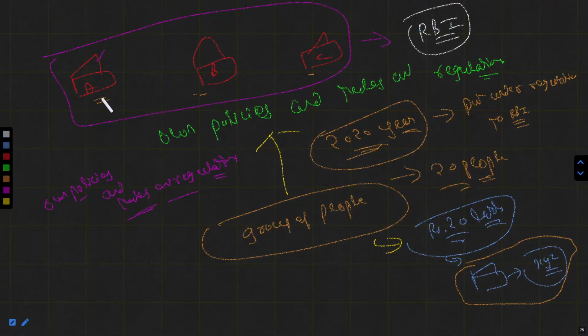Okay, because these banks A, B, C, they have a large customer base, a large funding, and investor partners. Okay, in case of public banks, the government is funding them.